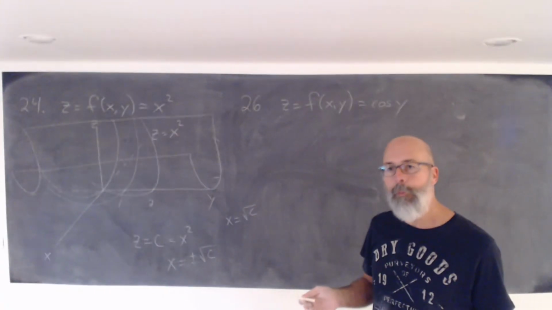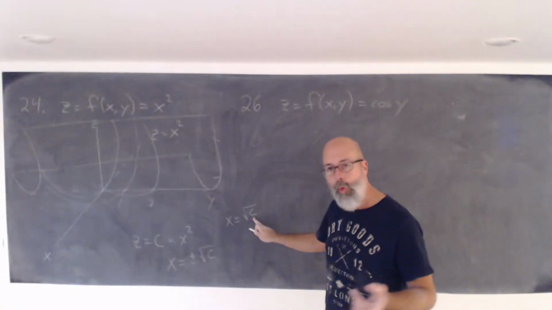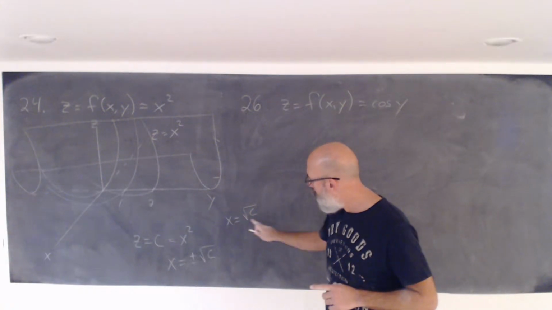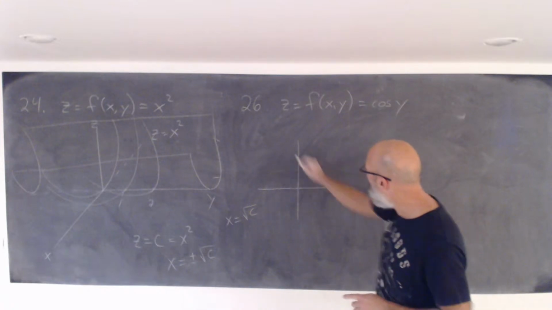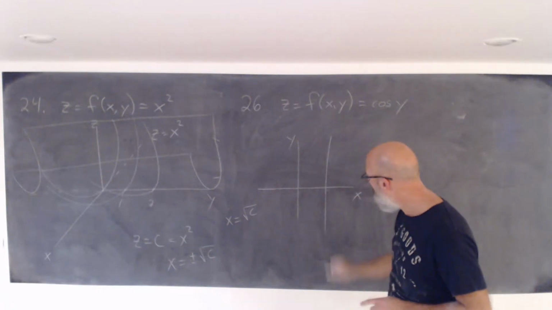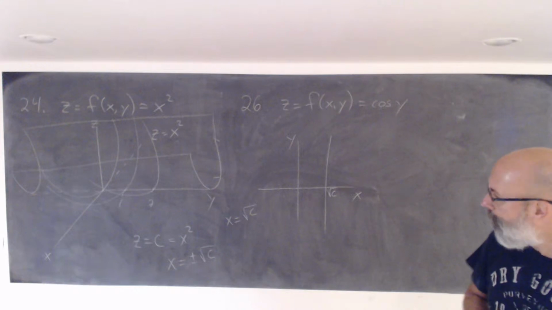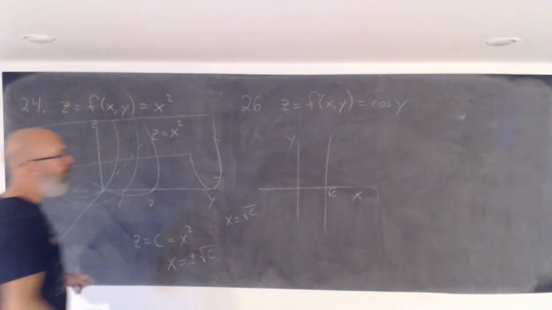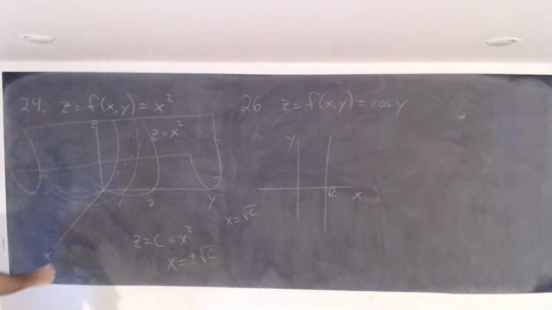Well, you're thinking to yourself, it's a point, but it's not really a point because there are no y values mentioned here. So x equals root c, right, in the xy plane here, is a straight vertical line, so in the direction of y. So how does that translate to here?